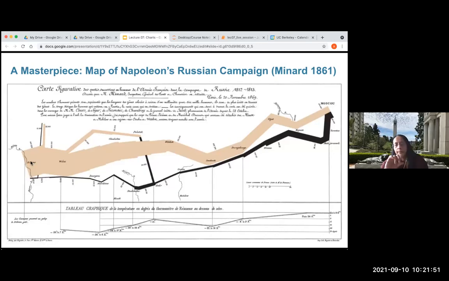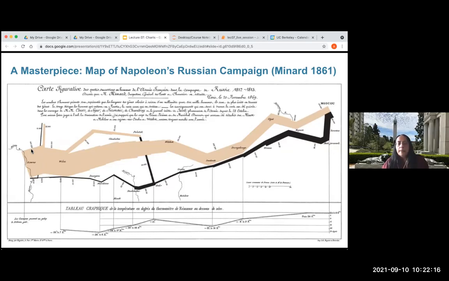The light brown path is the advance to the right end, which is Moscow. The width of the path represents the size of the army at that point.